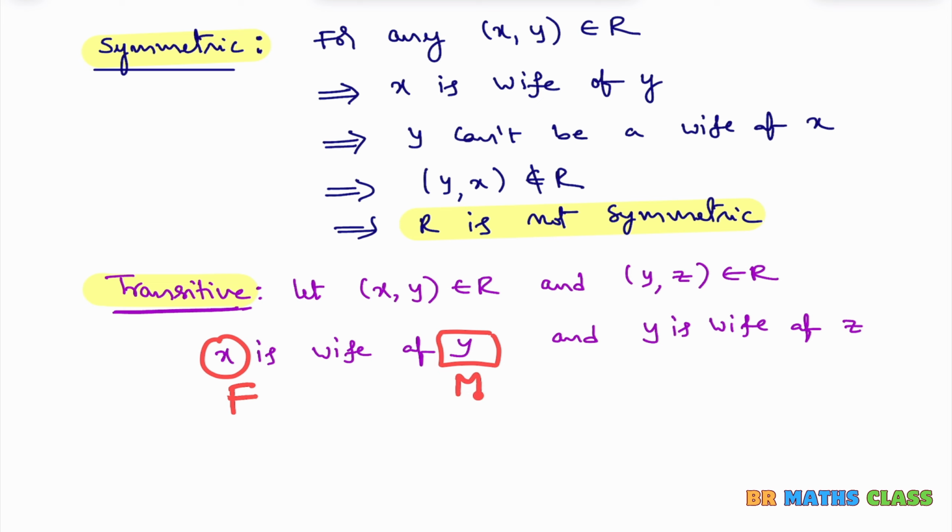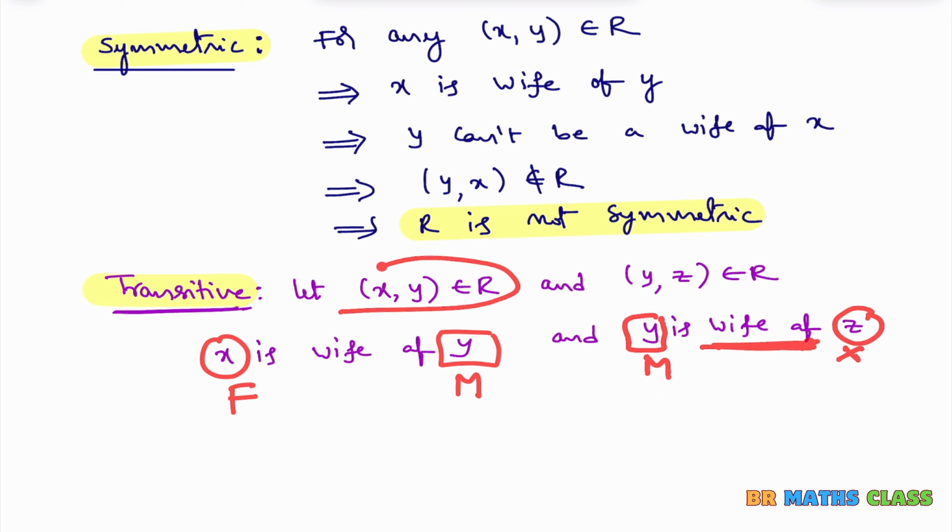Please observe this carefully. As y is male, is it possible that a male person is a wife of some person? This person may be anything. Here the question is, as y is male, is it possible that y is wife of someone? Y can be husband because y is a male person here. So what happened?